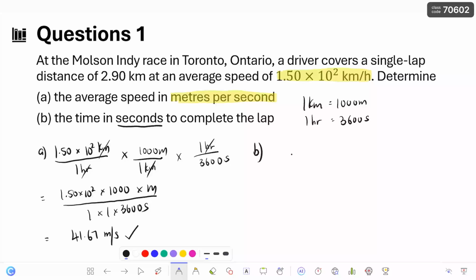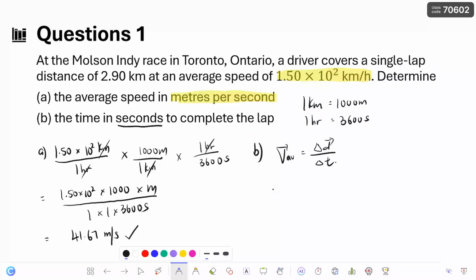First of all, we need to understand the formula that we are going to use for this question, which is the average speed. The average speed is equal to delta x divided by delta t.